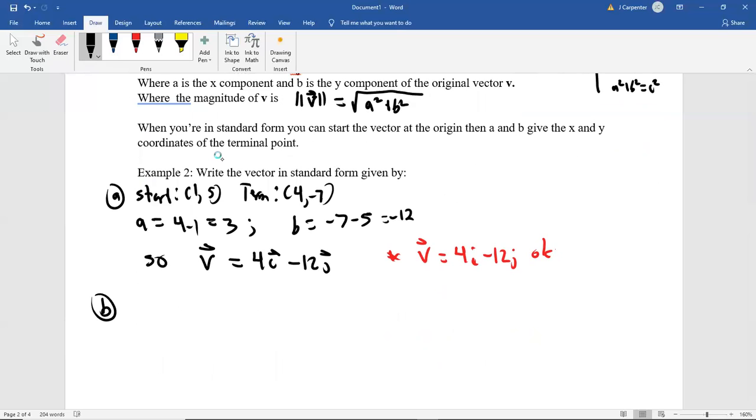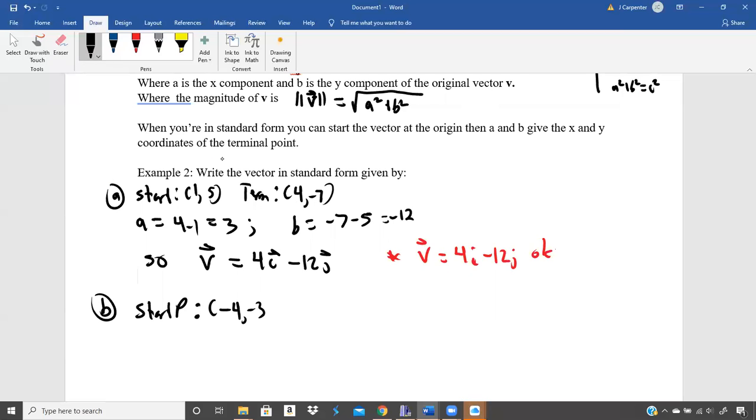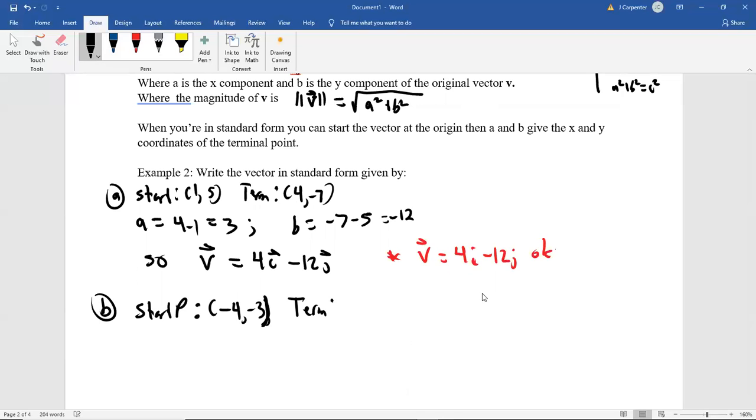B, let's do another one. Let's say that we start at -4, -3. It looked like a comma, and I didn't mean for that. And that we end, or our terminal point is, 8, -2.